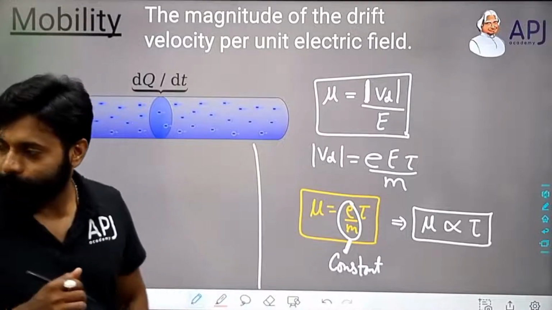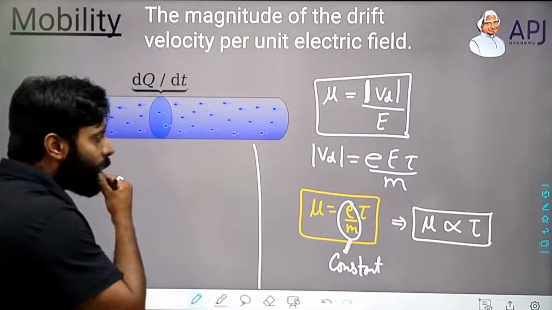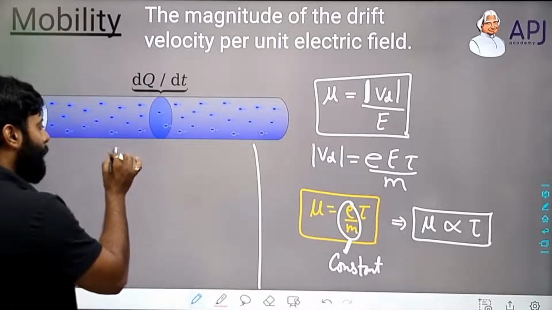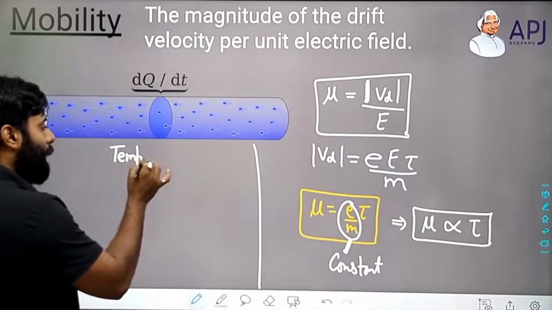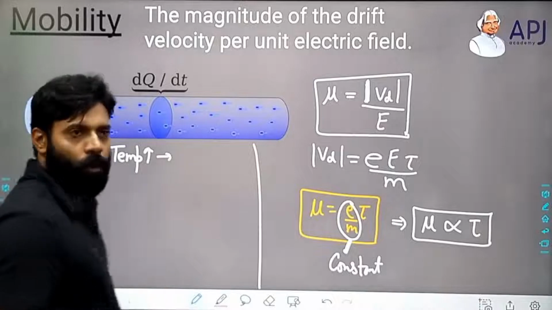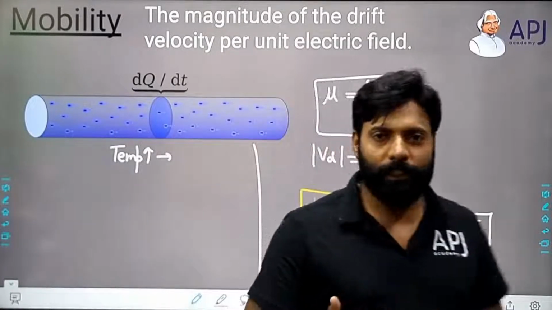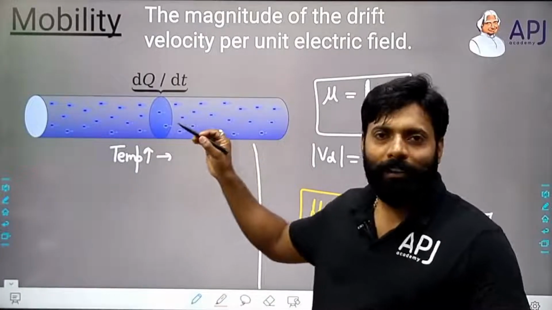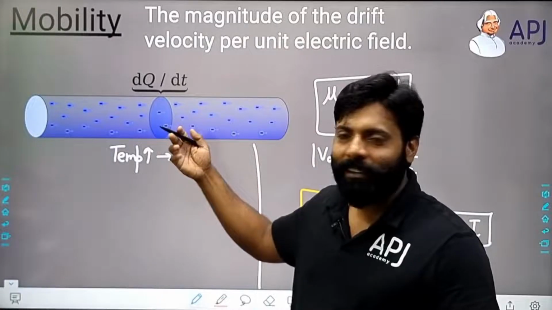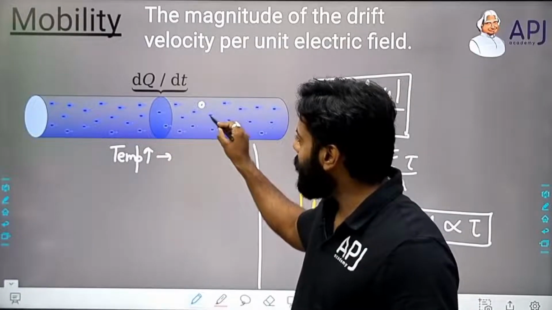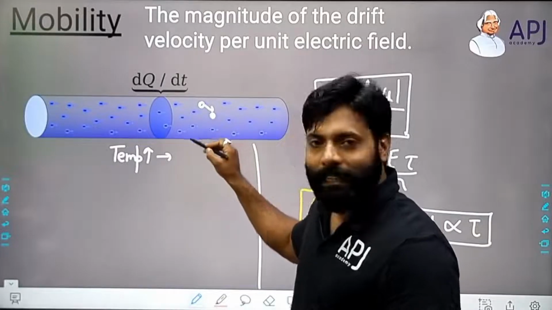Anuja, yes? Okay. So now, first and foremost, please tell me what will happen if we increase the temperature? Sir, what does it mean? What will happen to these electrons if we increase the temperature?